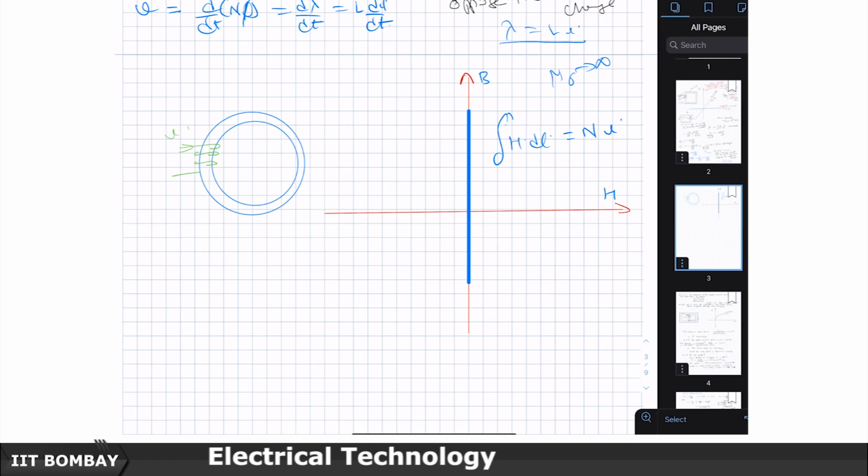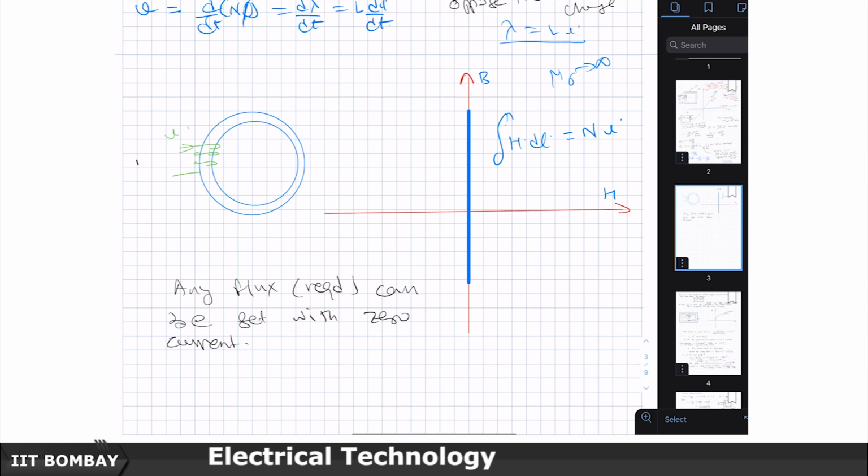Now for such a ferrite, what is the current that is required to set up any flux? If it is a clear-cut vertical line like this, any flux which is required can be set with zero current. So you will not require any current to set up this flux.